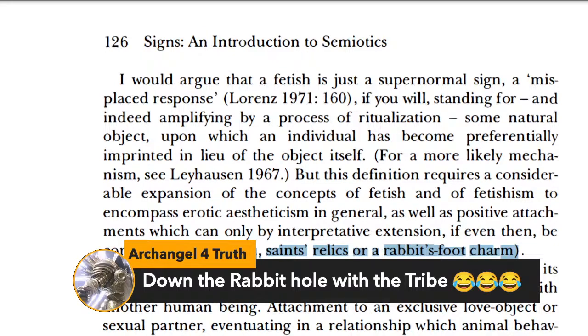A rabbit is very fecund. You just have to think of the word fecundity, because that's kind of what it means: immense ability to produce many new ideas, or a lot of offspring.